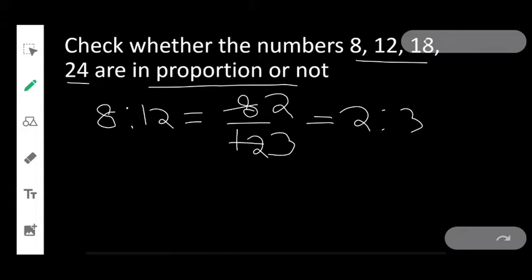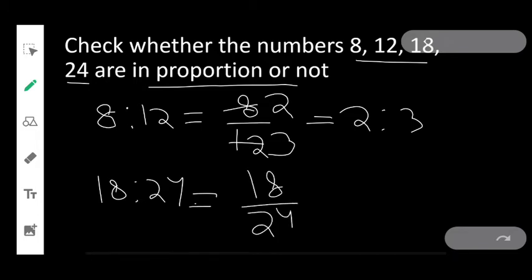Now next write down the second ratio, that is 18 is to 24, which equals 18 by 24. The highest common factor is 6. So 6 threes are 18 and 6 fours are 24.